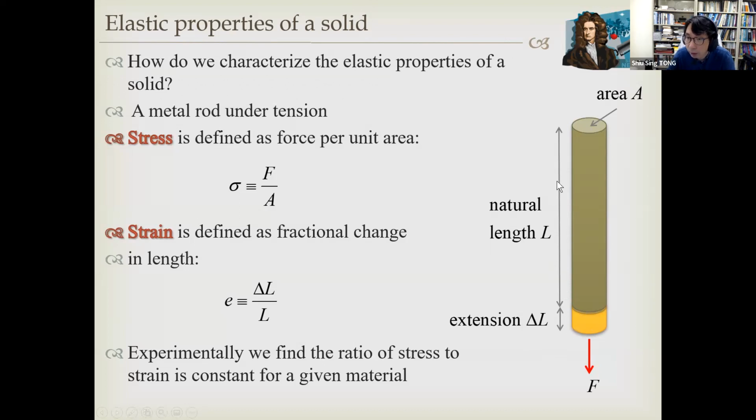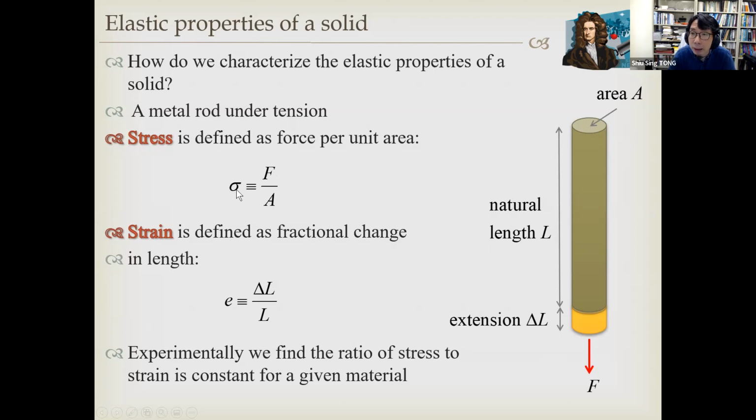Now the original length of the wire or the cylinder is L, and now under the tension we have an extension delta L. So we can define the stress as what? As the force divided by the area. So the stress is essentially the pressure. The force divided by the cross-sectional area of the rod gives you the stress or the pressure.